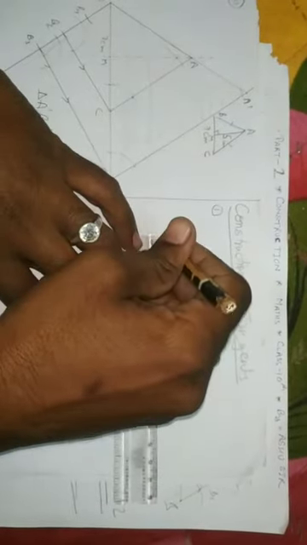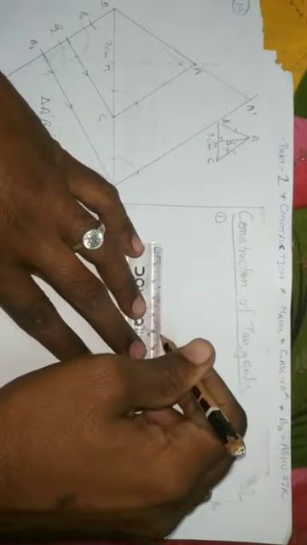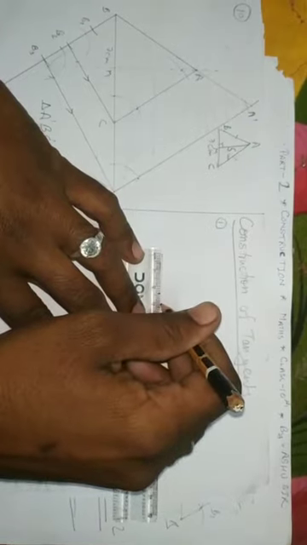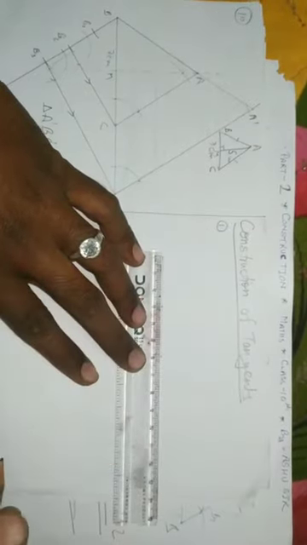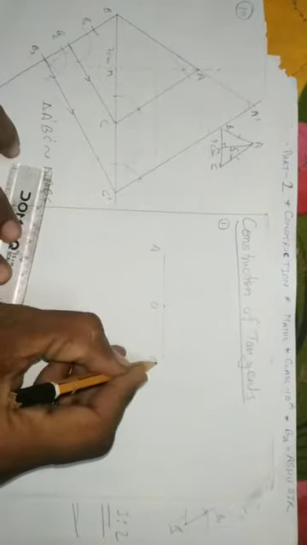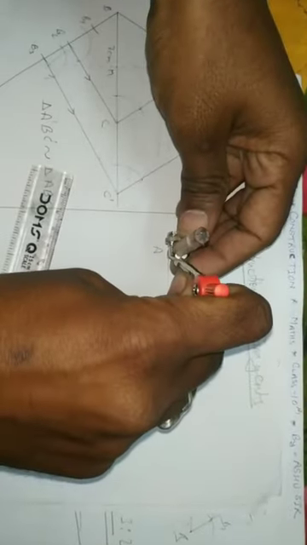So draw a diameter of 6 cm, so the radius is 3 cm. So the center is at 3. That is O, A, B. We take O as the center and OA as the radius, and draw a circle.